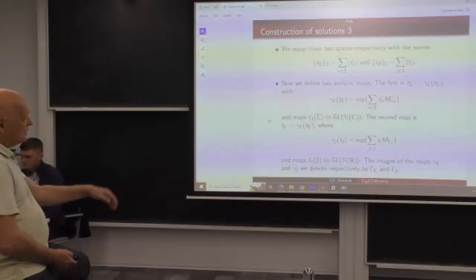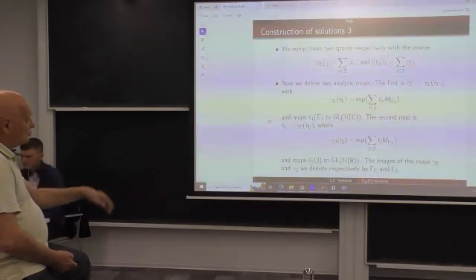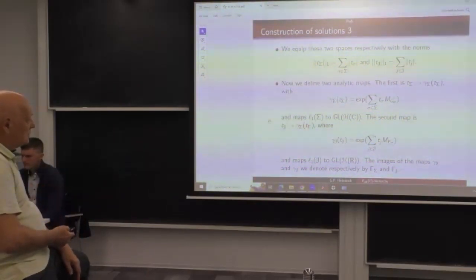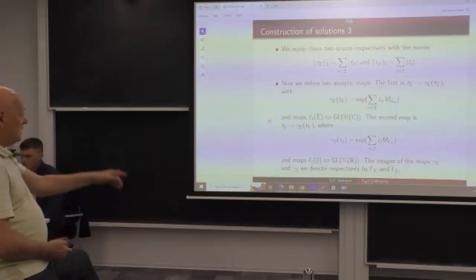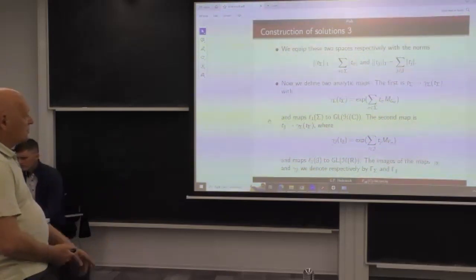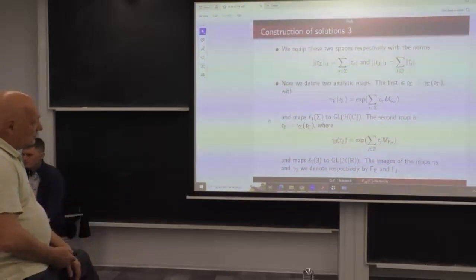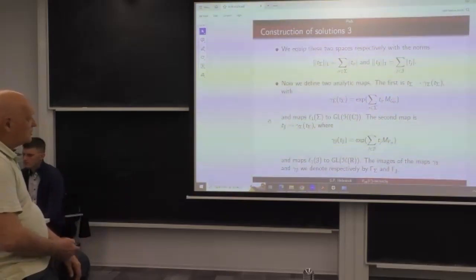The other one is you take TJ, and that leads to a map from L1 of J to the bounded operators of HR. We call the images of these maps gamma sigma and gamma J.